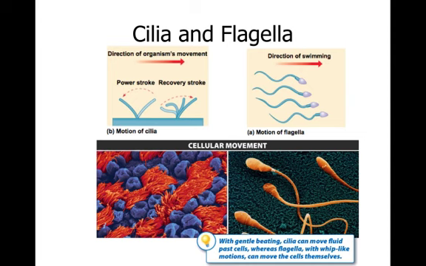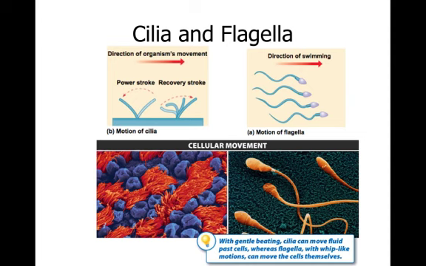Then these cilia are beating in one direction and moving the mucus out of your body so that you can cough out all of that stuff you've trapped, the dirt and the dust and other bacteria. So cilia are very helpful in moving things across cells in our body. With gentle beating, cilia can move fluid past cells.